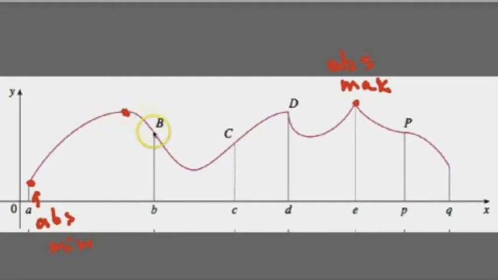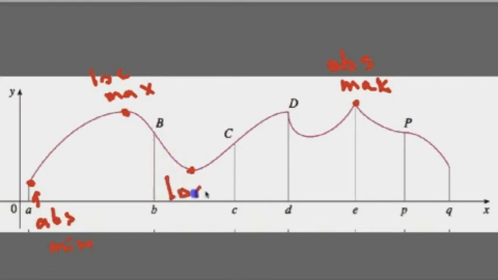It's not the tallest value in the function, but for all the values near it between a and c, that's the highest value. So that's a local maximum. And this also is a local minimum. Between all the values, b to p, that's the lowest value.